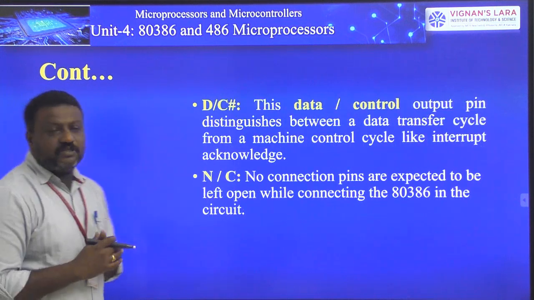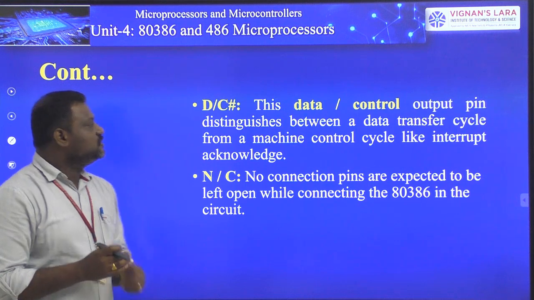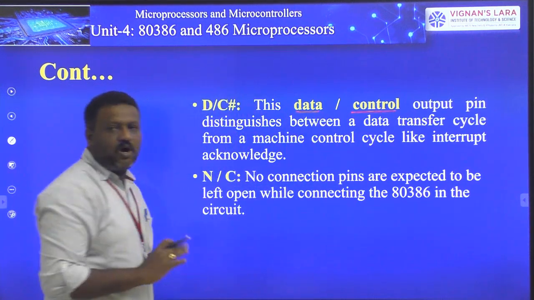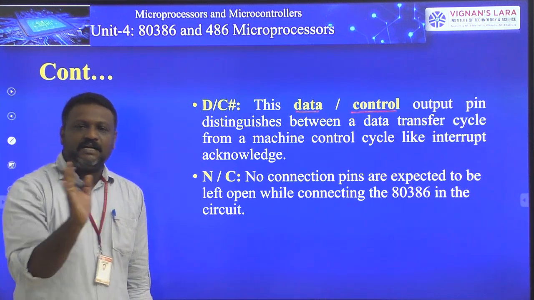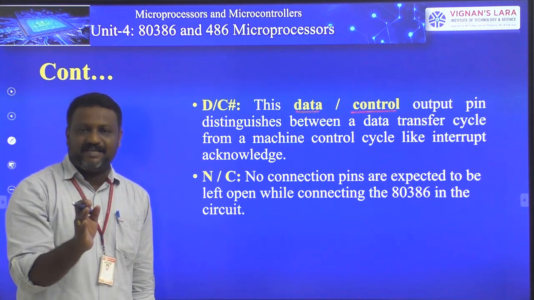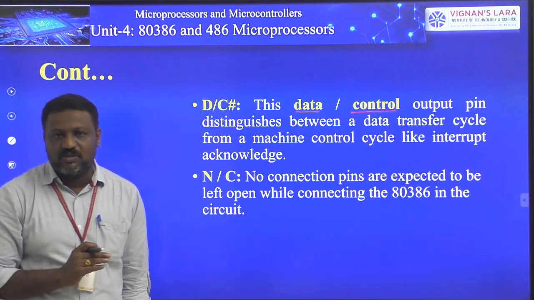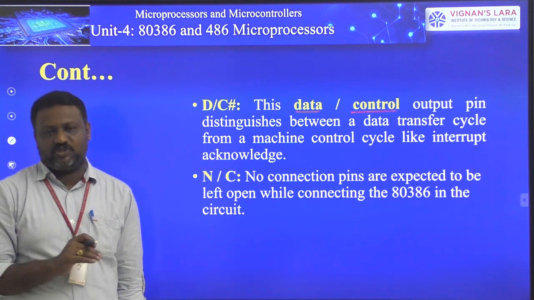And coming to the next signal, D/C hash. D represents data and C represents control or command. With the help of this, whether the transaction going on the data lines is related to data or related to code is decided by this signal D/C hash.